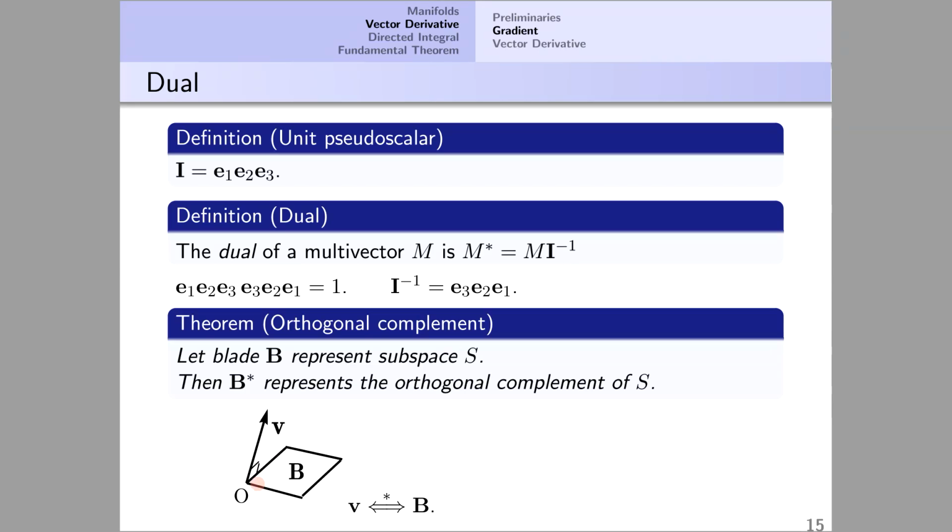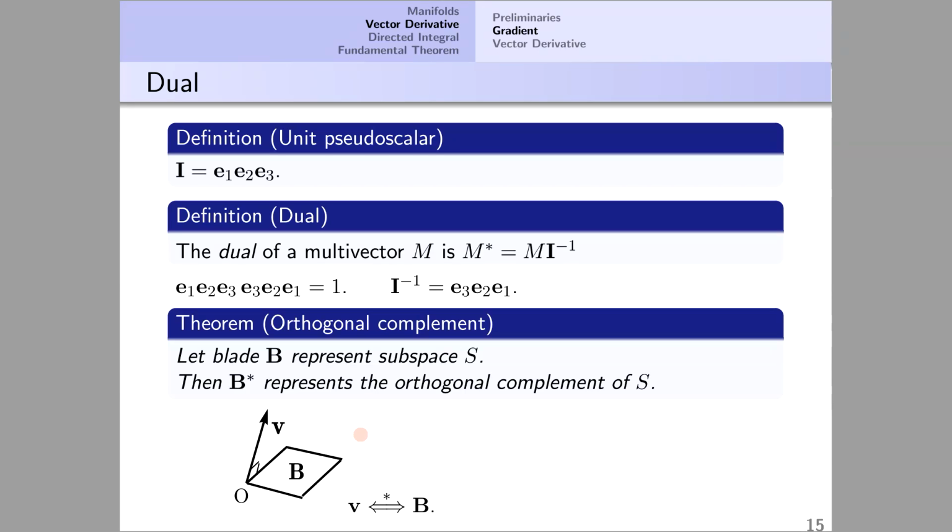And I want the length of V to be equal to the area of B. Then V and B are each other's duals. The dual of V is B, and the dual of B is V.